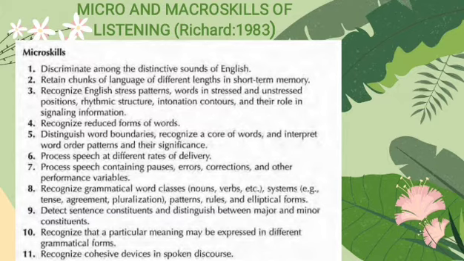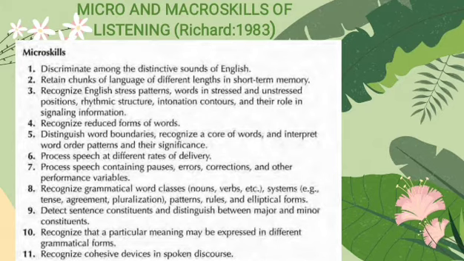And the next, recognize reduced forms of words and distinguish word boundaries, recognize a core of words, and interpret word order patterns and their significance. And the next, process speech at different rates of delivery.